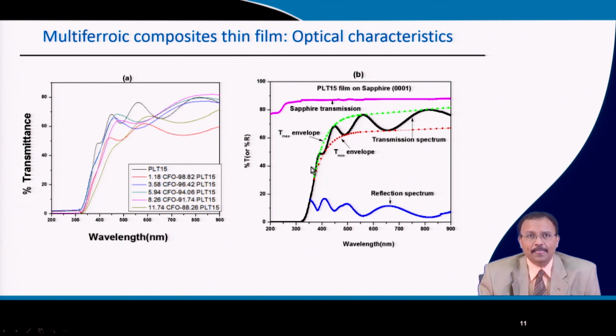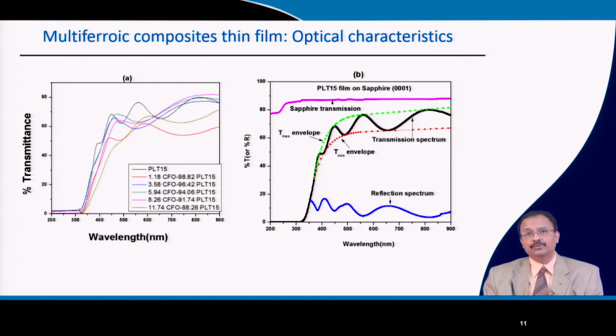And in fact, this data is available. If you get this original PPT and click it, it will open an Origin file, and you will get the reflectance spectra, the R versus lambda, and the T versus lambda, and you can go ahead and do the calculations. In one of the lectures I showed how you can get the extinction coefficient, the refractive index, and the film thickness.